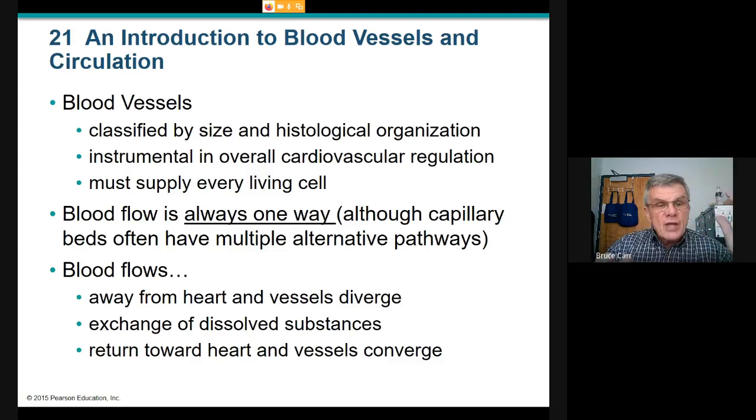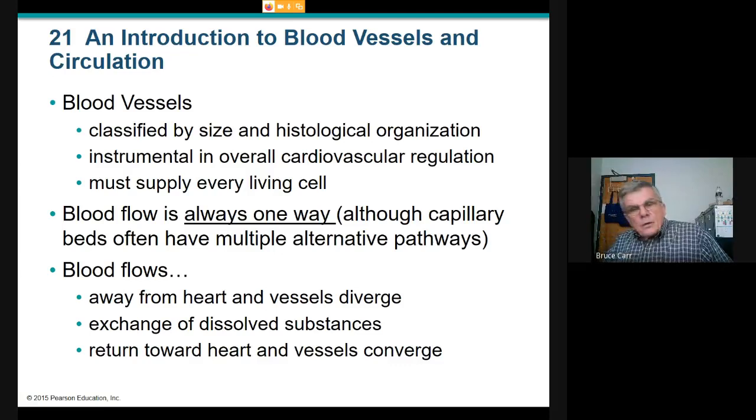The initial set of tubes will conduct the blood, divide it up, and put it in the vicinity of every living cell in the body, where it'll enter a vessel where exchange can occur. Supplies can go out to the tissues, wastes can come into the blood. And then it'll enter another sealed tube system, which will be converging into larger and larger tubes on the way back to the heart. So how do we divide up these types of vessels?